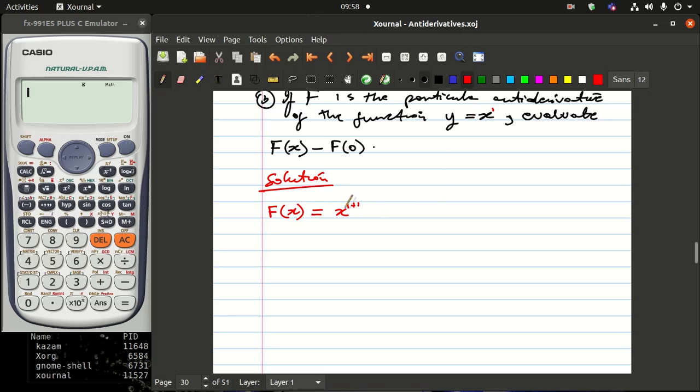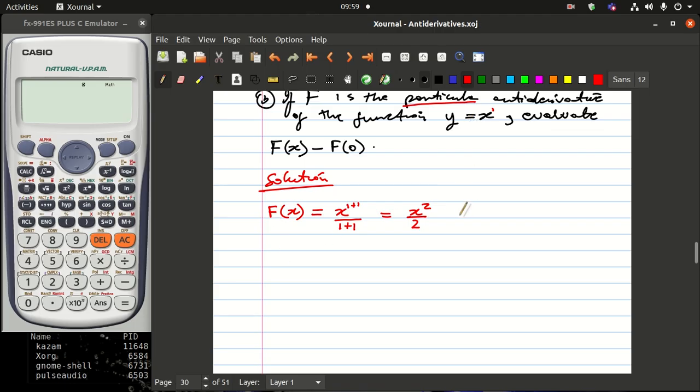So this is going to be 1 plus x, and then you divide by the new exponent, so this is going to be x squared divided by 2. Of course, we don't have a constant here because we are talking about the particular antiderivative, not the most general, because the most general has a constant of integration, which is that plus c.